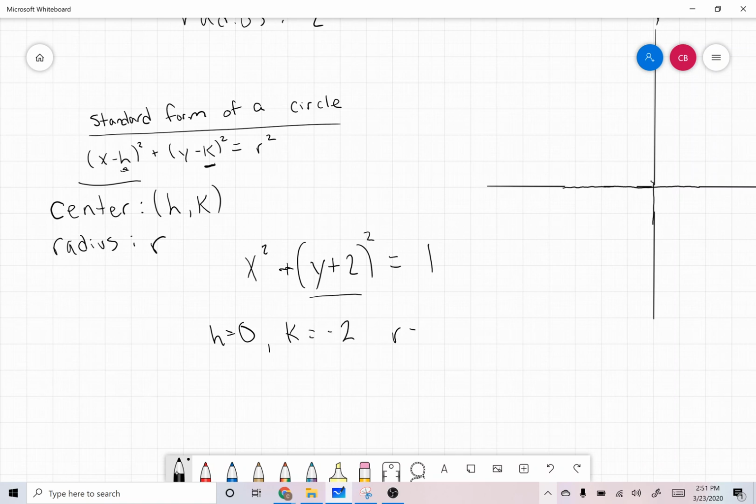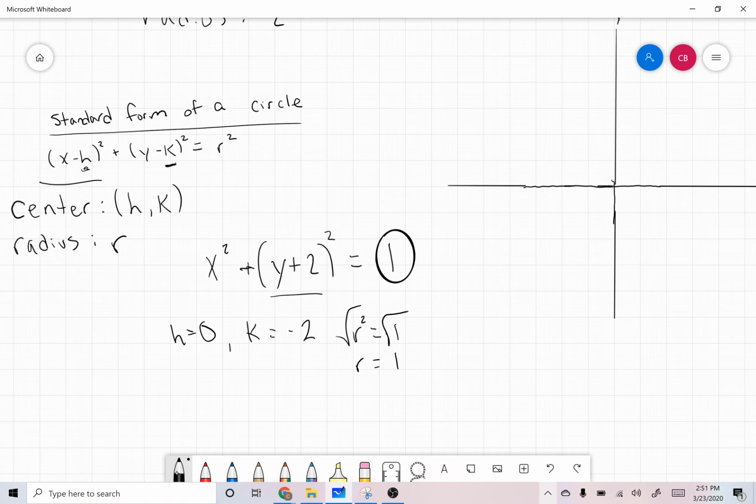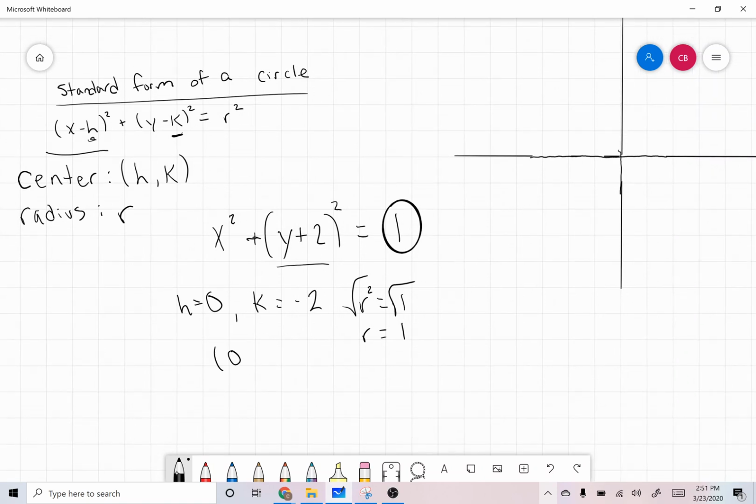Then r squared is equal to 1, so if we take the square root, r must equal 1. So we know that we have a center at (0, -2) and a radius of 1. So we can go and graph that.